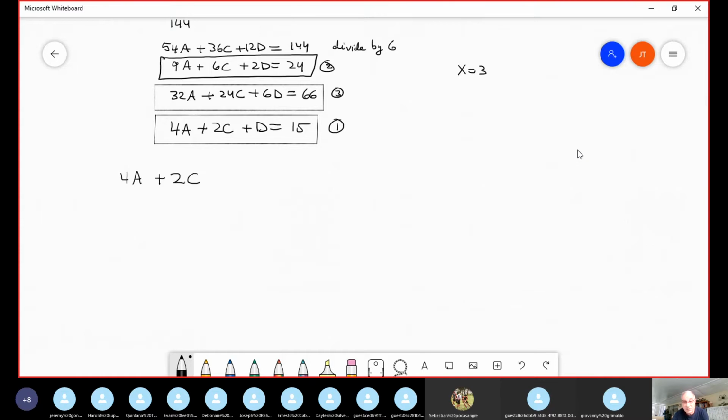It's easy, but it's tedious. Maybe everyone makes a mistake. I copy equation 1. This is important: the organization and being systematic. Okay, so I copy the second, which is 9A plus 6C plus 2D equal to 24.